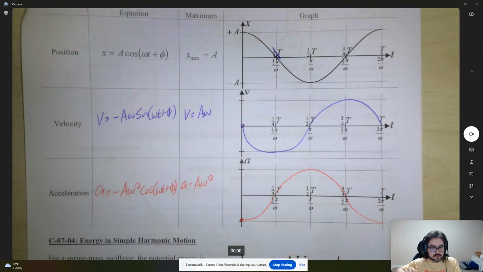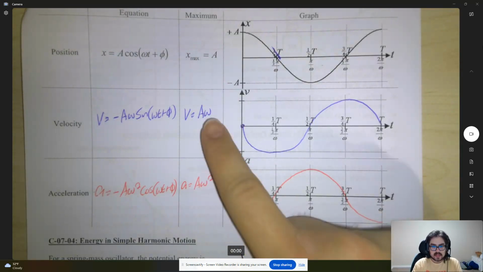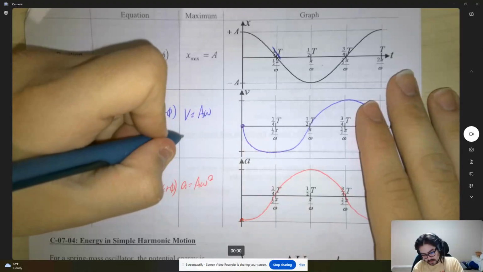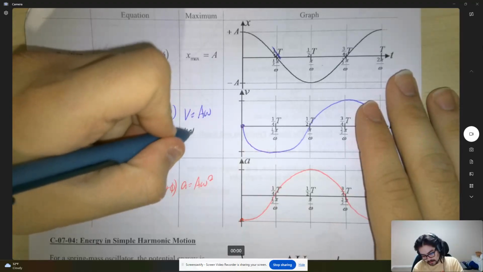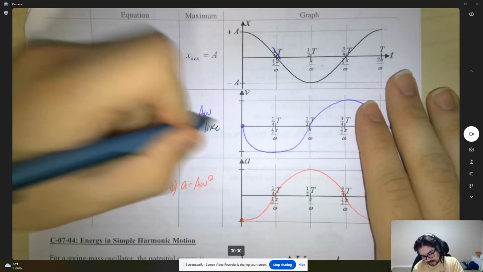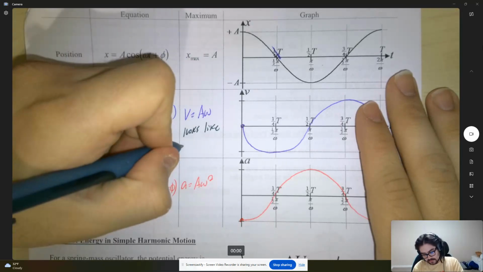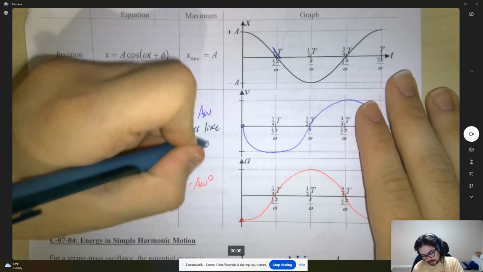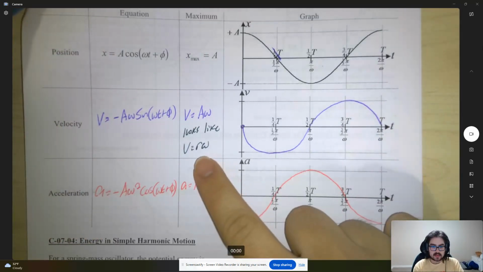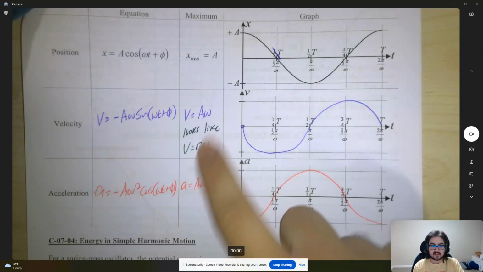Now, another thing that's important that I want to point out really quickly is that your maximum equations, this equation looks like the equation v equals r omega. Do you see how A is kind of like r in this case?